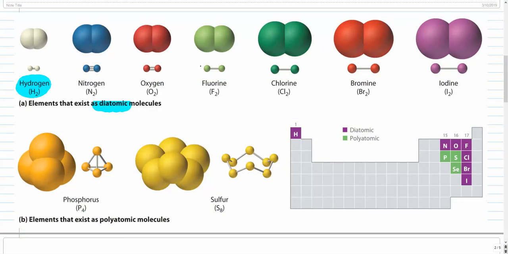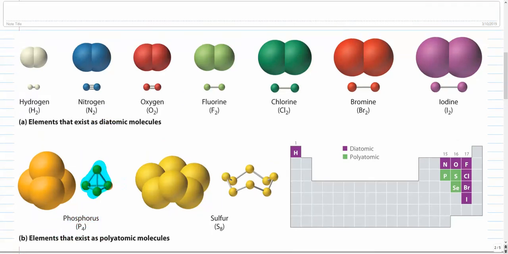And whoever made this picture showed us a couple other ones that are kind of cool. If you find phosphorus, phosphorus actually gets together in groups of 4 atoms. So they make these neat little pyramids. Sulfur is also kind of cool. It looks like a crown to me. Sulfur atoms get together in groups of 8.